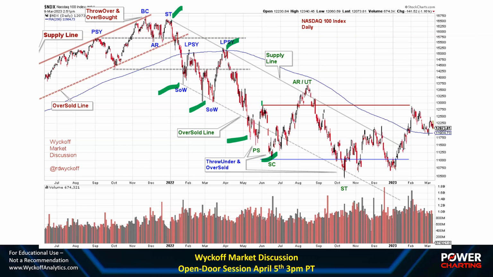This is like an automatic rally, and in some cases you could debate whether one is selling climax or preliminary support, but we draw resistance here across this area, and look at where we came very close on the Nasdaq 100 to fulfilling that count objective.